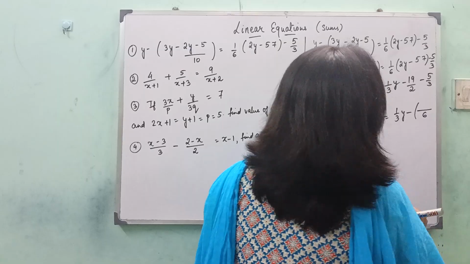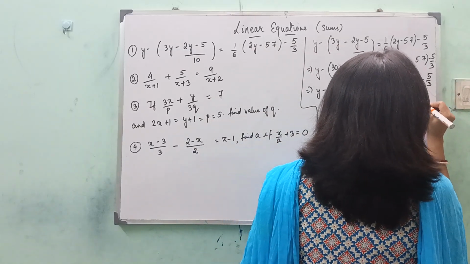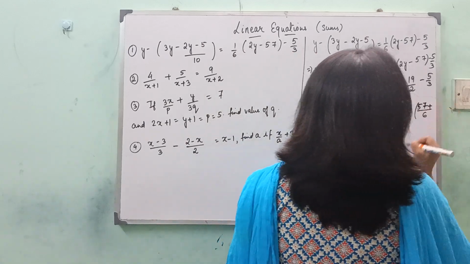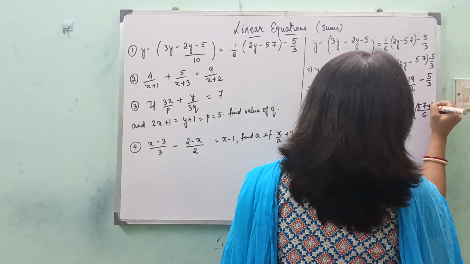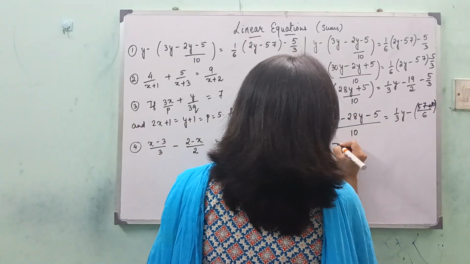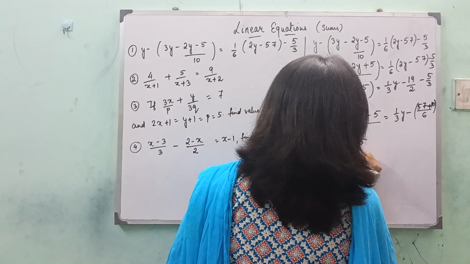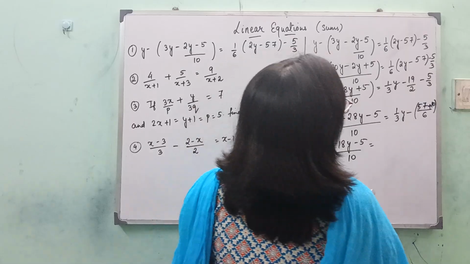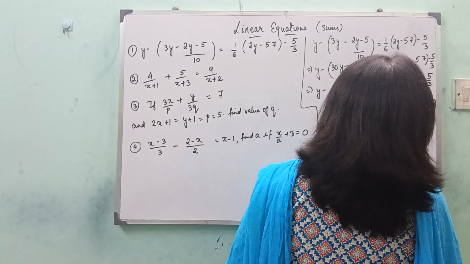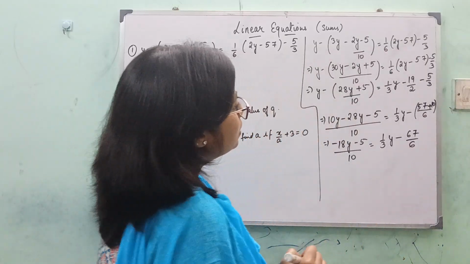6, 57, plus 10, that becomes minus 18y minus 5 by 10 equals to 1 by 3y minus this is 67 by 6.